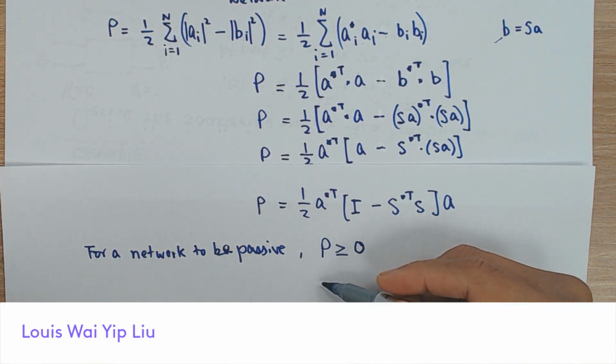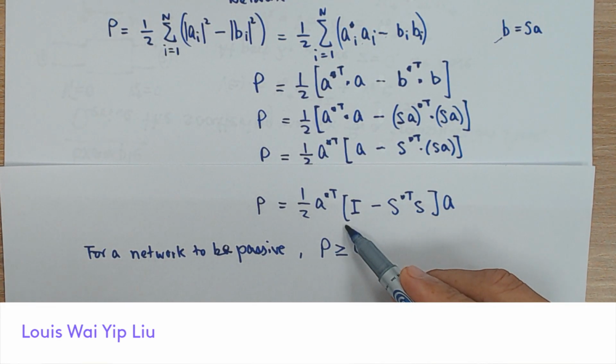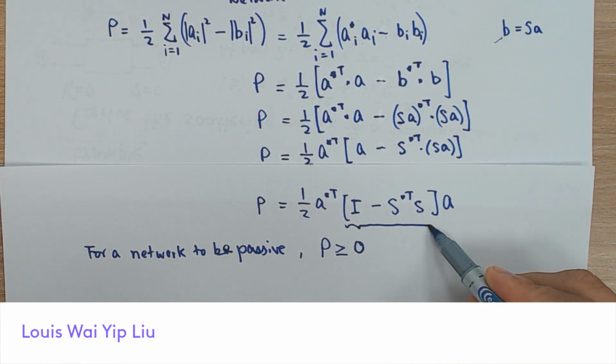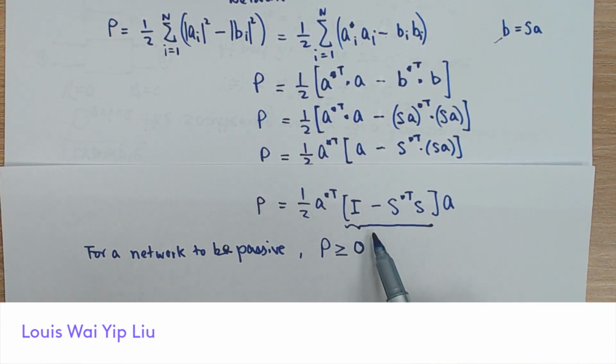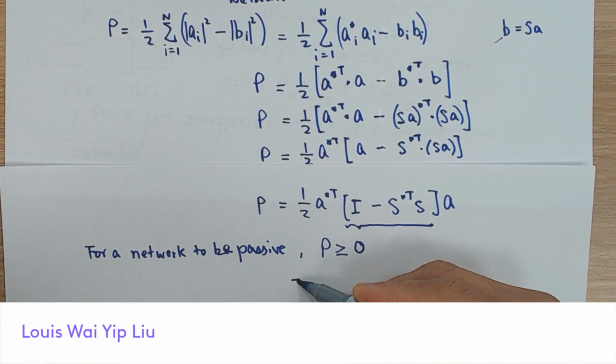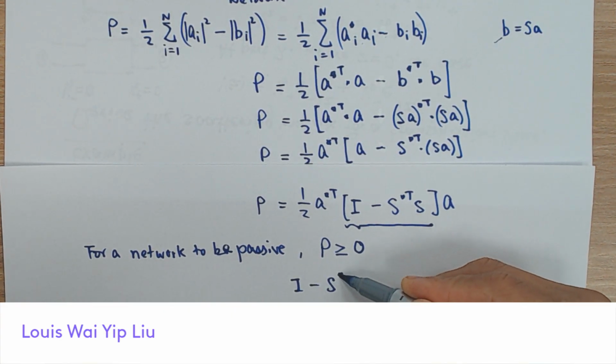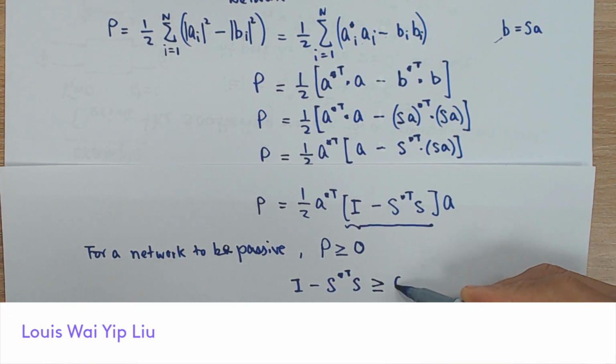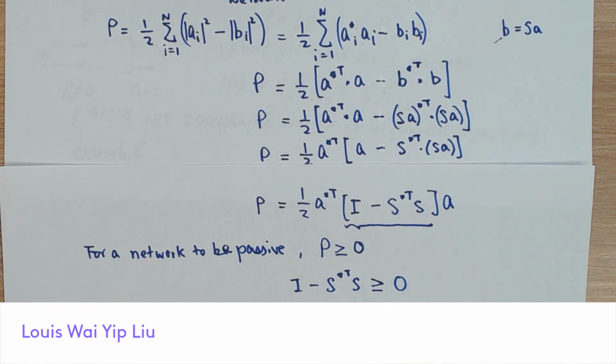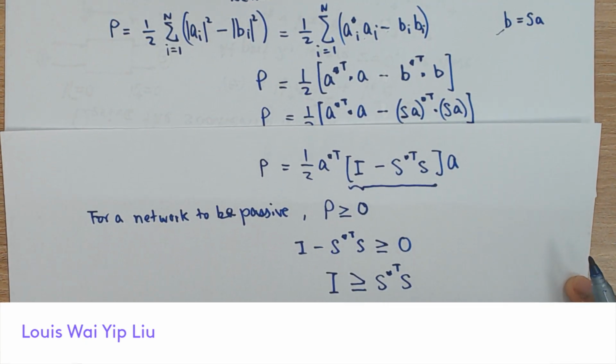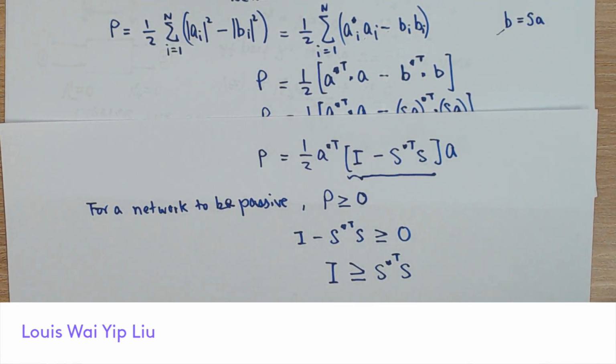In this case, we can quickly conclude that this middle term here has to be equal to or greater than 0. And so this is what we get.